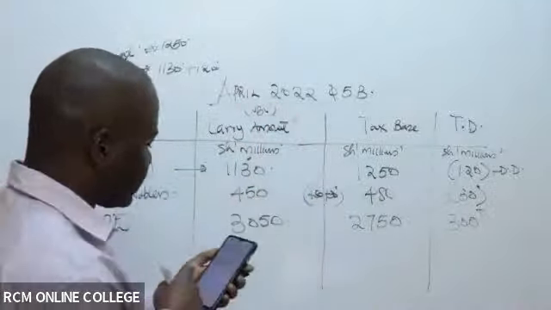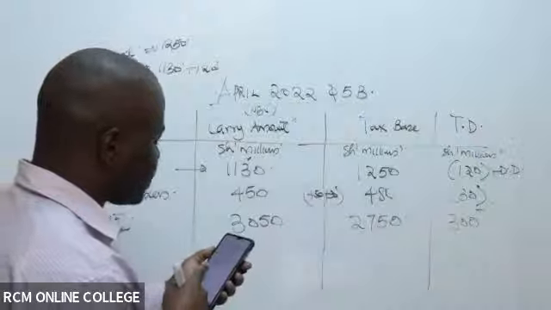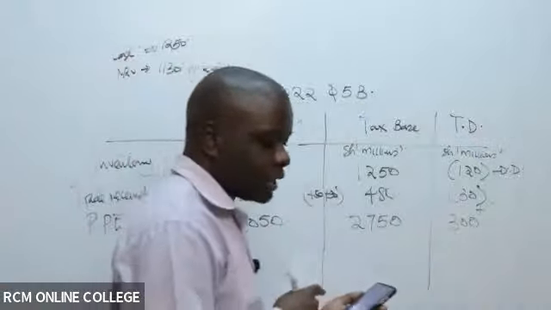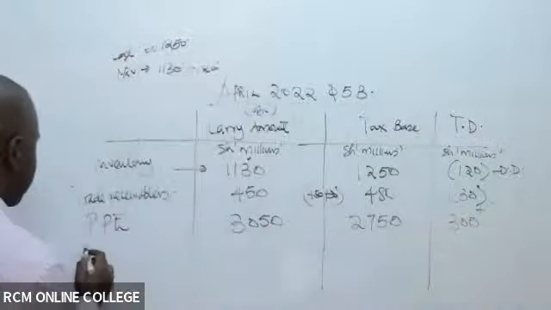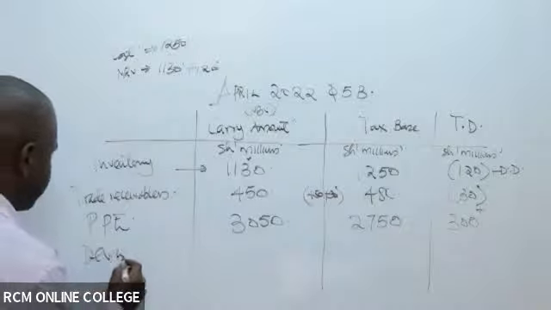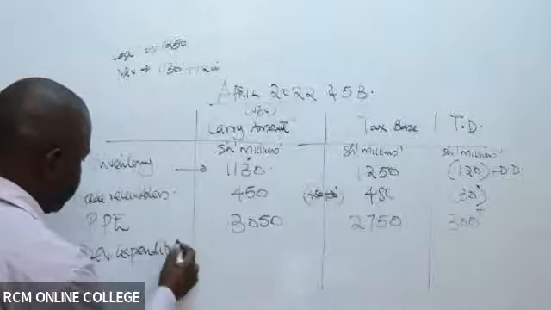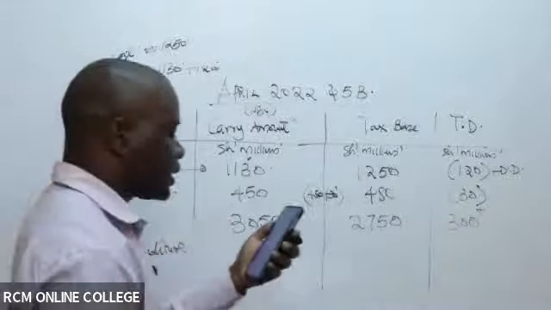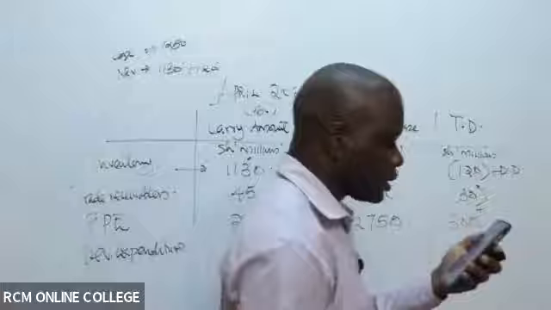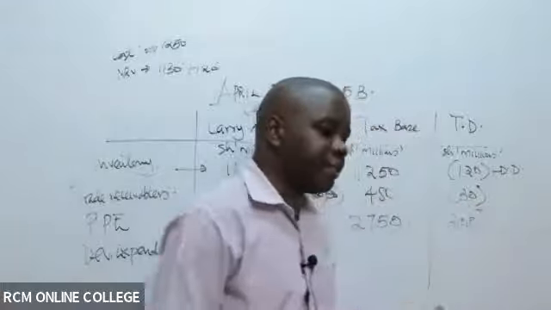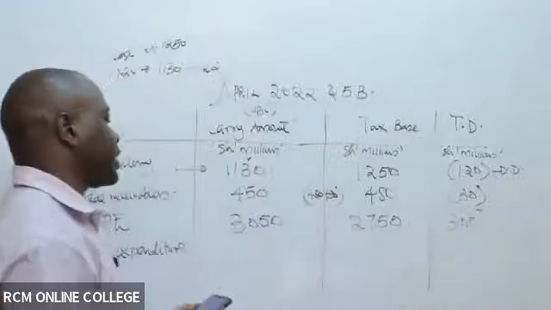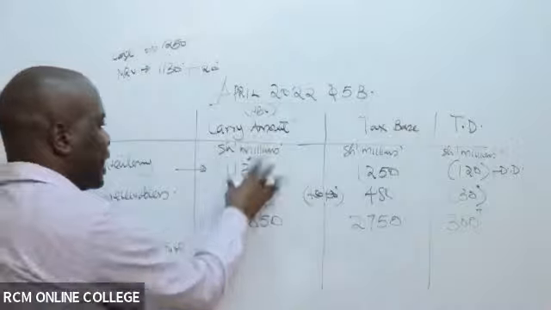So to get the carrying amount for this development expenditure, you take the full amount, that is 480 million, less the amortization. That will give you the carrying amount.